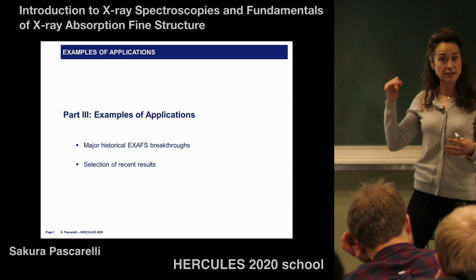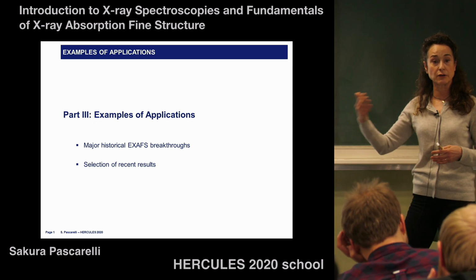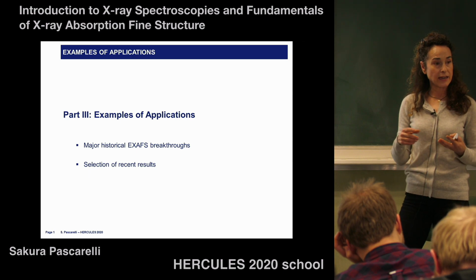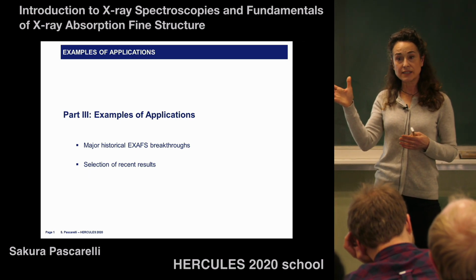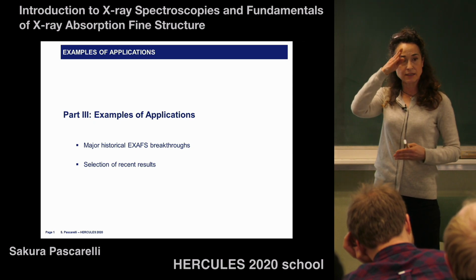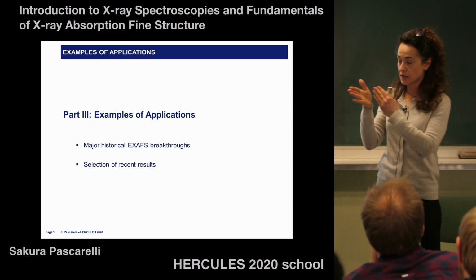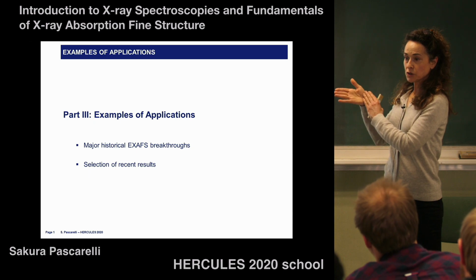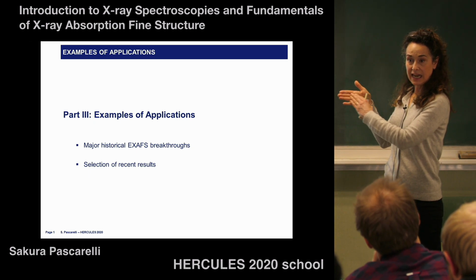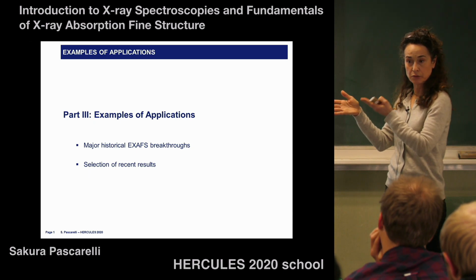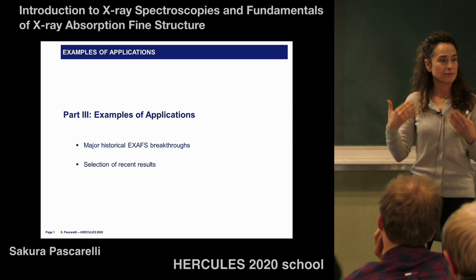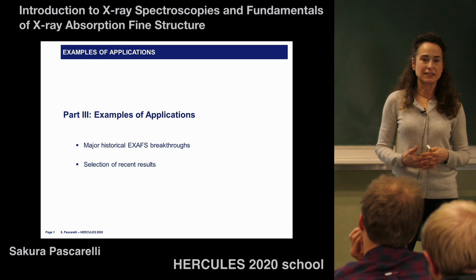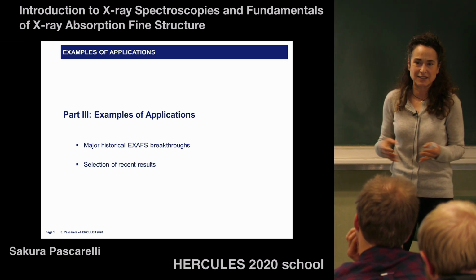Very soon after these big events, people were already seeing EXAFS oscillations in photographic plates. They were seeing an image which showed oscillations in an energy-dispersed beam, and these oscillations were EXAFS. They tried to interpret them with theory, but the data was so poor that the theory didn't advance.